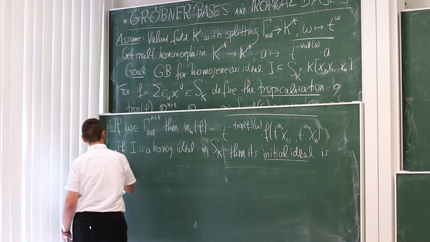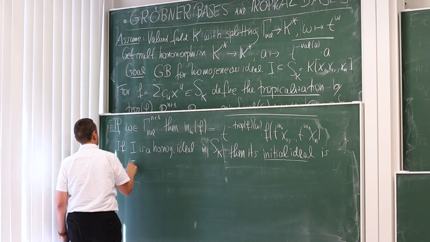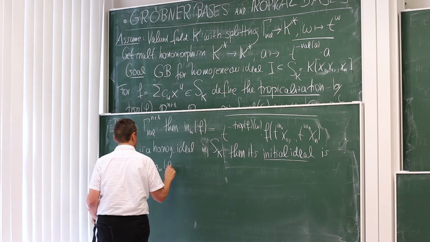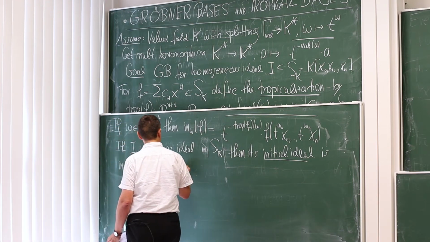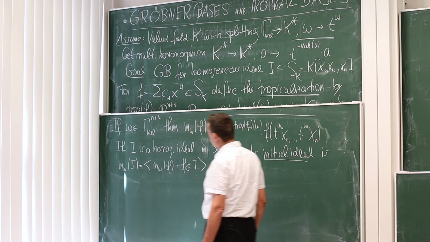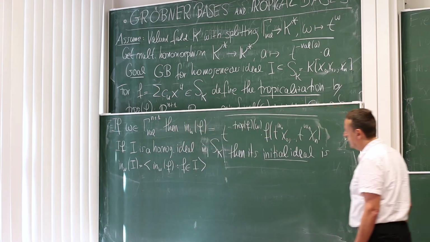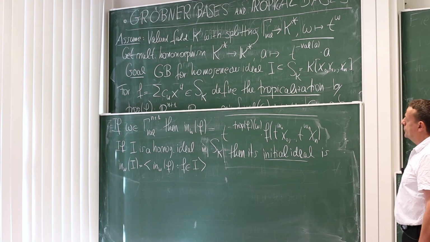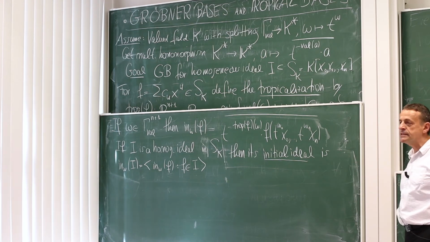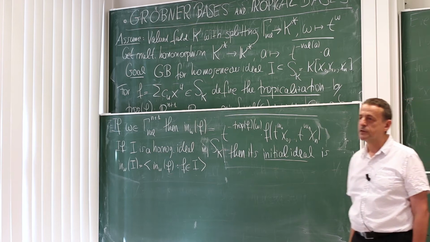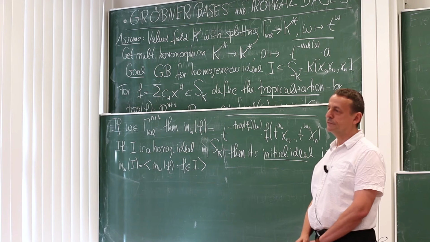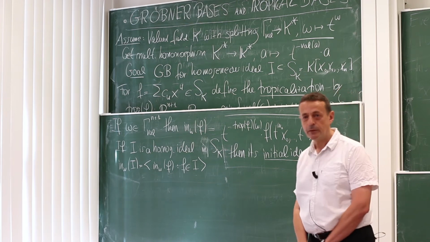The initial ideal in_w(I) is defined to be generated by in_w(f) over all infinitely many polynomials f in the ideal. Right? So again, if the coordinates of w are in the value group, then this simple definition does it. If some coordinates of w are not in the value group, you need a slightly more technical definition, which I spared you from.